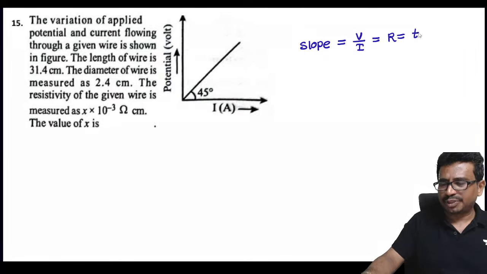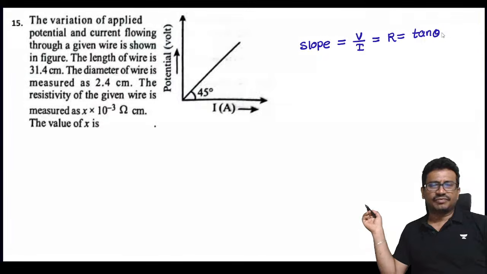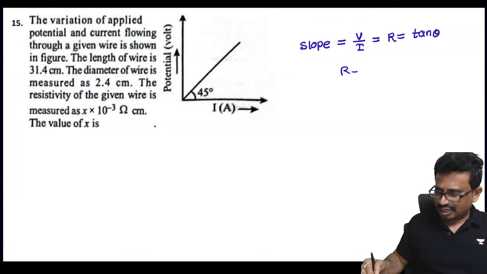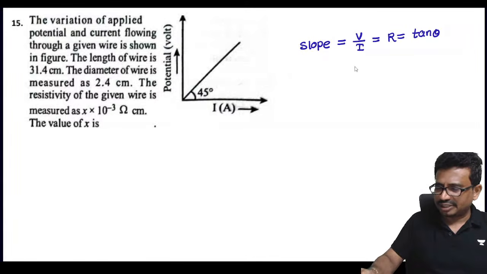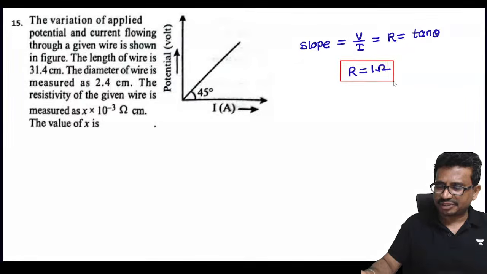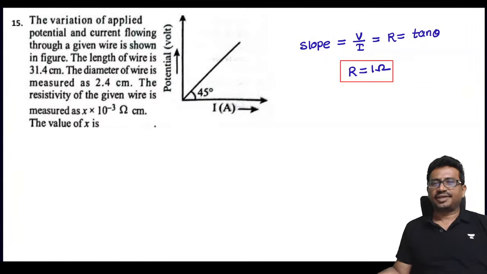As we know, slope is nothing but tan theta only, and the theta value 45 degrees is given. So indirectly they have mentioned the resistance equal to 1 ohm. Now they ask to find the resistivity.